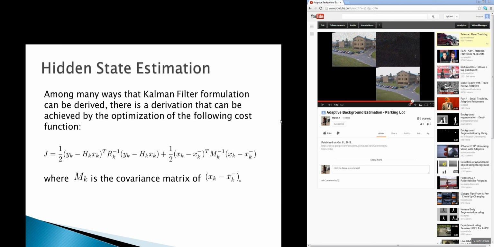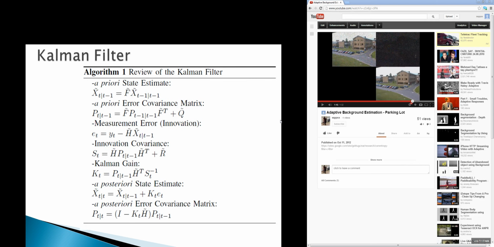Among many ways that the Kalman filter can be formulated, as I said, it can be formulated by this quadratic cost function. And I just present here a review of the Kalman filter. We have an a priori state estimate, which is the naive guess, your previous guess times the state transition matrix. Then we propagate the error covariance matrix with the given rule. Then we find the measurement error for the current measurement. This is how well we can model the current signal.